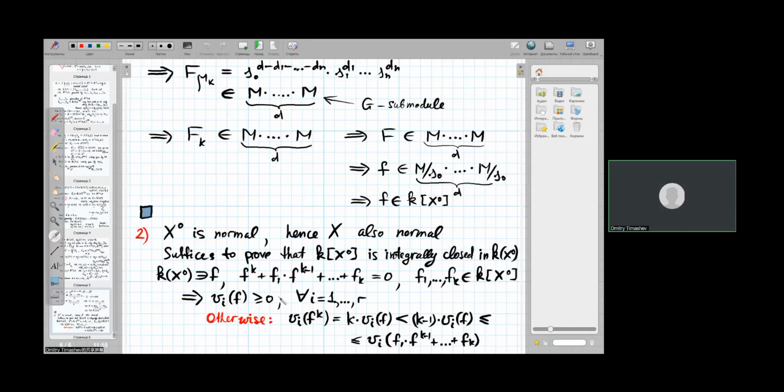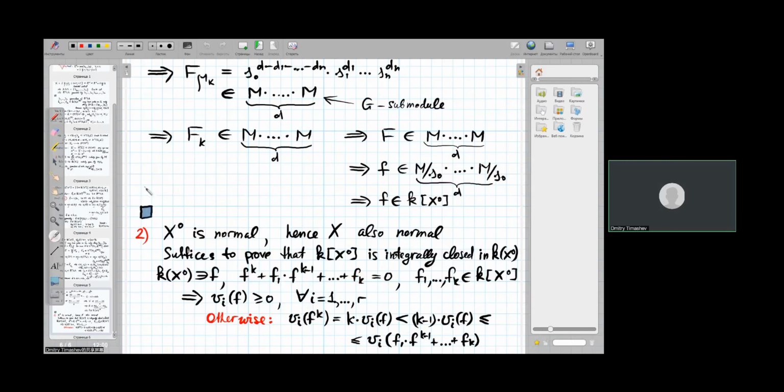So we have this sum, and the value of vi at this summand is smaller than the value of vi at the remaining summand. But then these two summands cannot cancel, cannot give us 0, because they have different values of vi. So the value here is less than the value here.